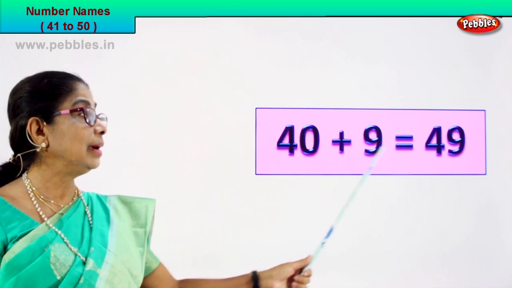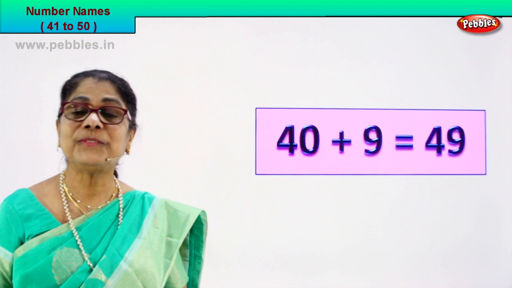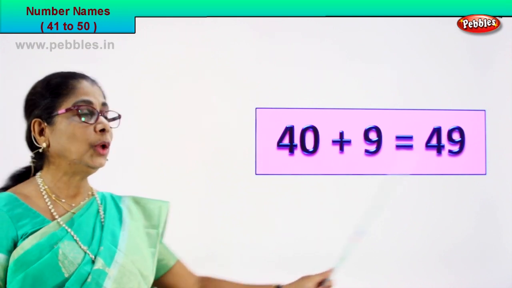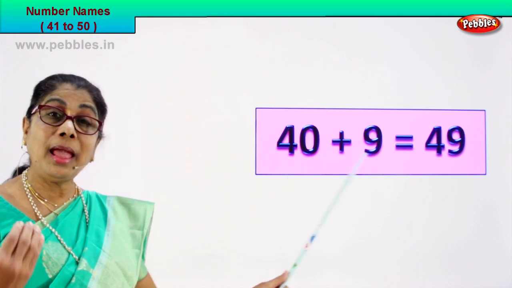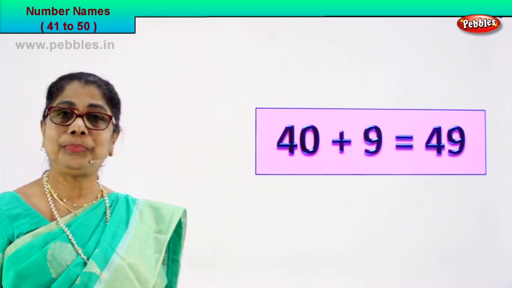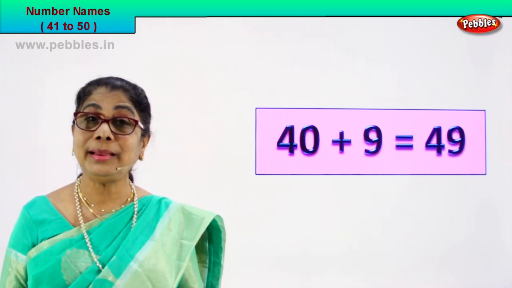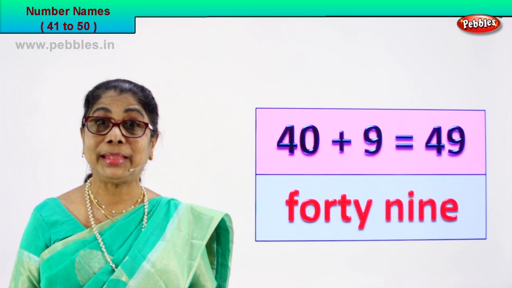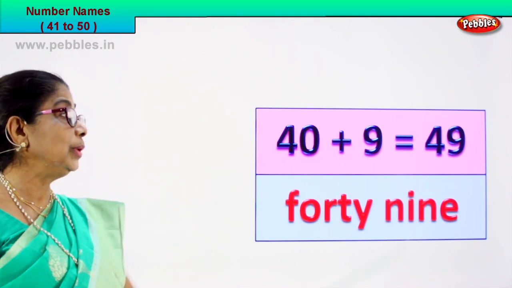We can also read this as 40 and 9 more is equal to 49. So the numeral we have is 49. How do we write this numeral's name? How do we spell and write it correctly? That is what we are doing today.